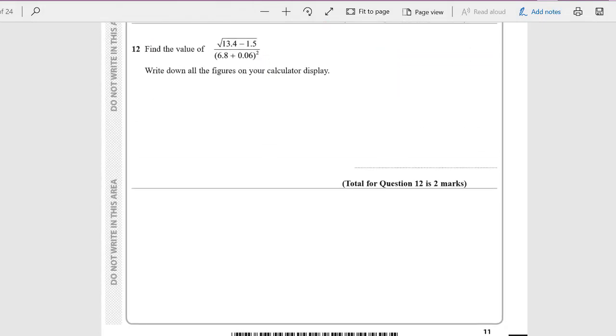So question 12, it says, find the value of this equation and write down all the figures in your calculator display.